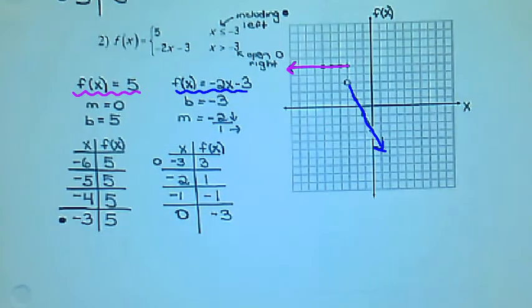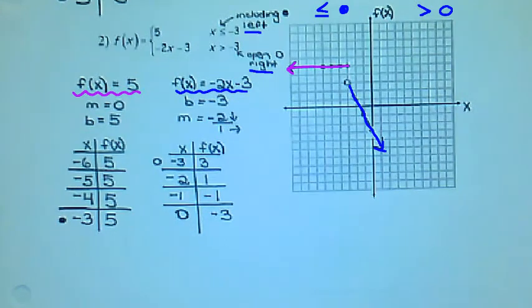When you're doing this, I want you to write these types of notes on them. If you have the less than or equal to sign, that's going to be just a regular dot. If you have the greater than or less than sign, you're going to have an open dot. So our function is true for the pink part. f of x is equal to 5.